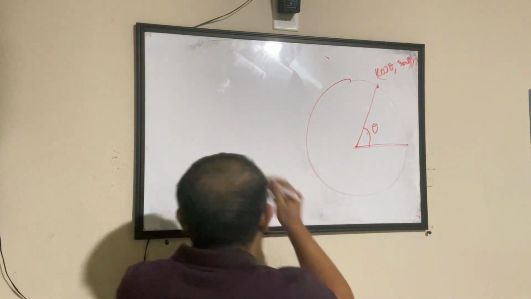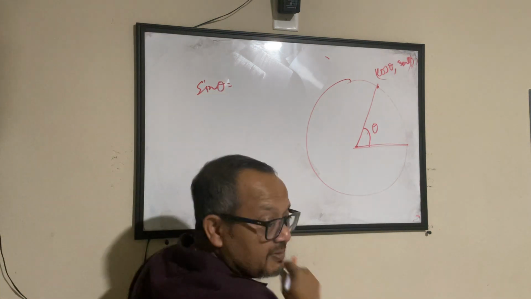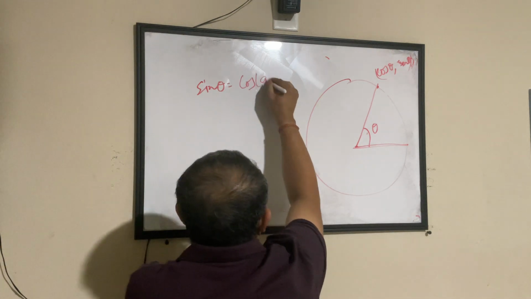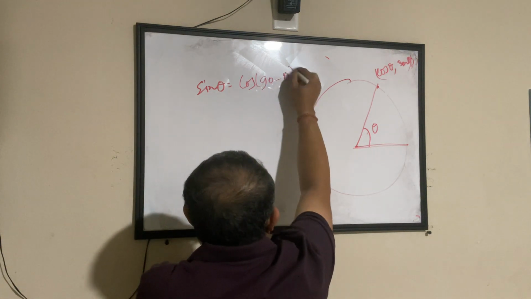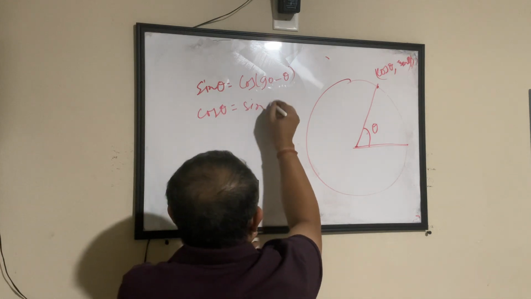What this teaches us is, we had learned from the complementary angle concept that sine of theta is equal to cos of 90 degree minus theta, and cos of theta equals sine of 90 degree minus theta.